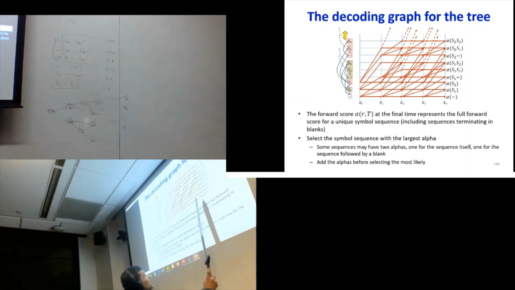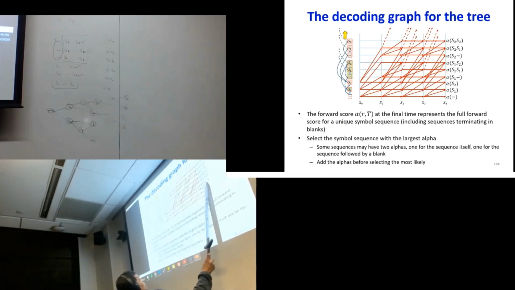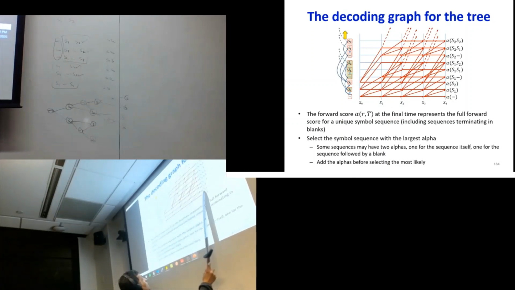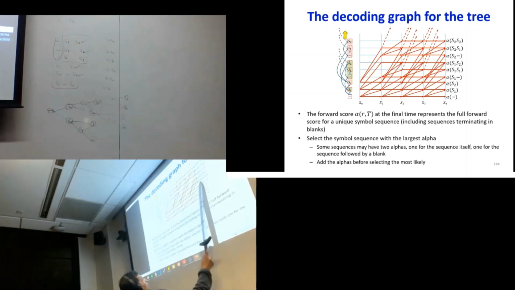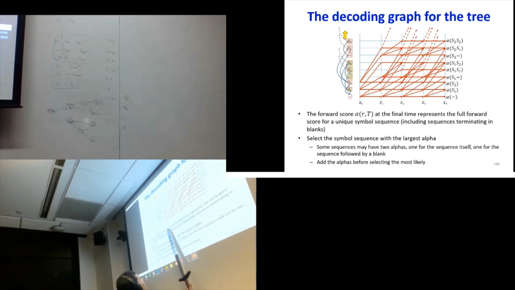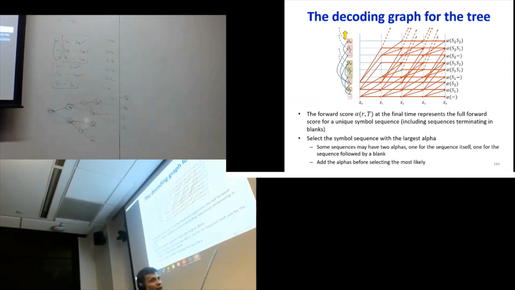So if I compute the alpha values at any particular node, that alpha value is going to give you the total probability over all possible alignments for that symbol sequence. So the alpha value over here is going to be the total probability of the symbol sequence S1, S2 having been produced over 4 time instants.